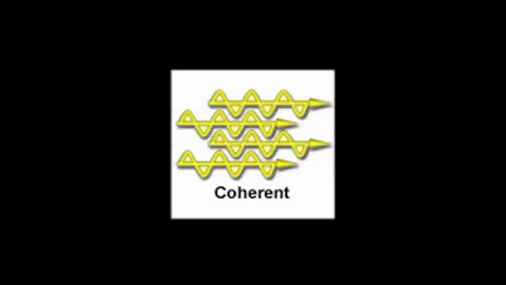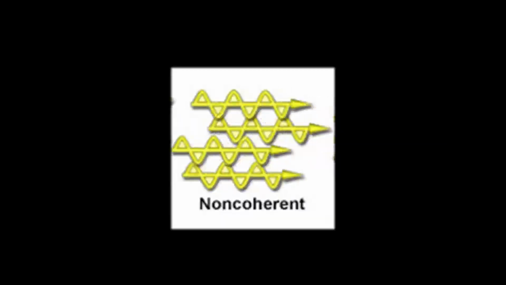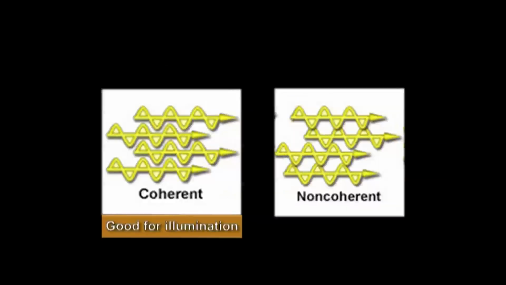This is known as coherent light. Non-coherent light, as you can tell from the definition, does not follow this rule. Coherent light sources are very good for illumination, and they can transmit their energy properly when they interact with matter.